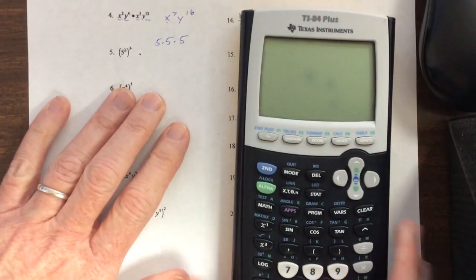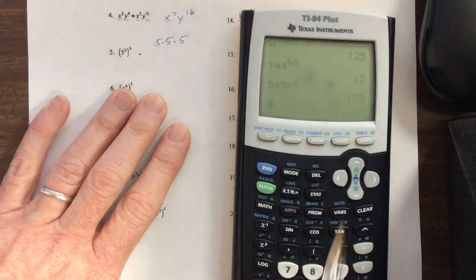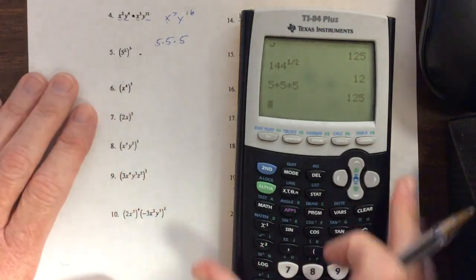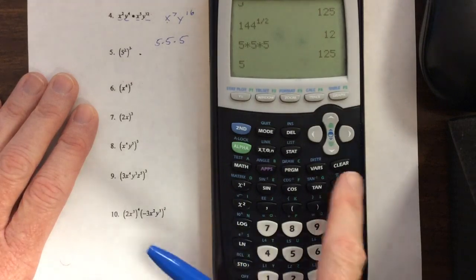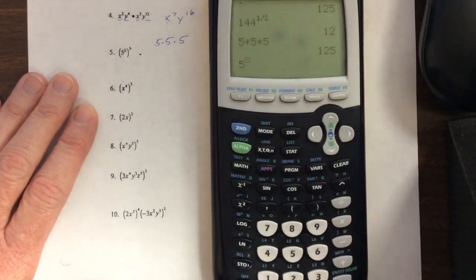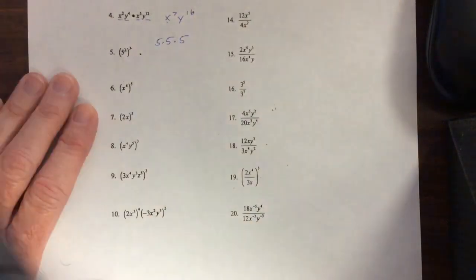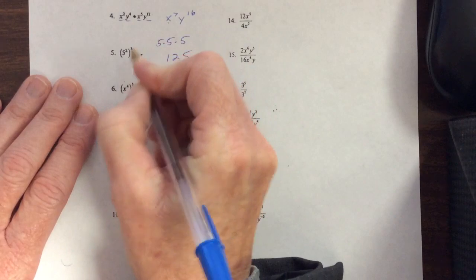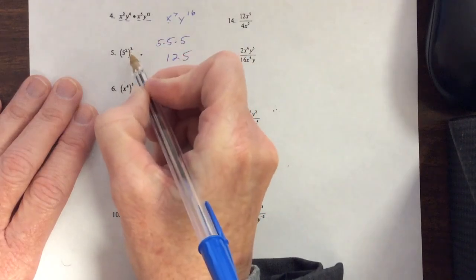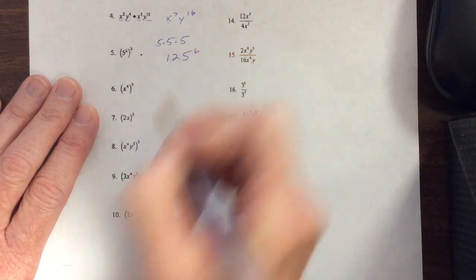Let's just double check. 5 times 5 times 5 gives us 125. Or you can do 5, hit the little hat button and put in your 3. 125. So we know that's 125. And then we need to multiply our exponents. This is a 3, this is a 2, so this is going to be a 6.